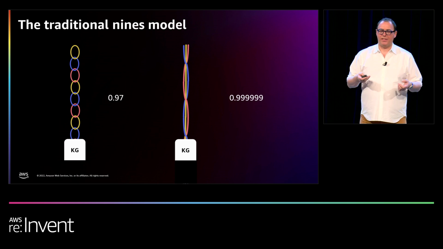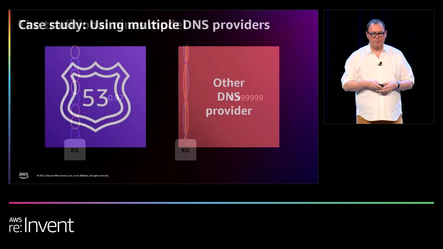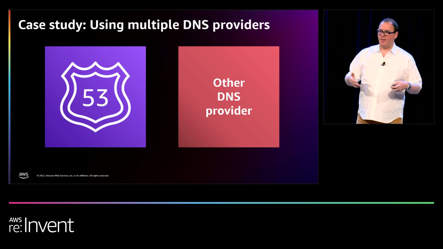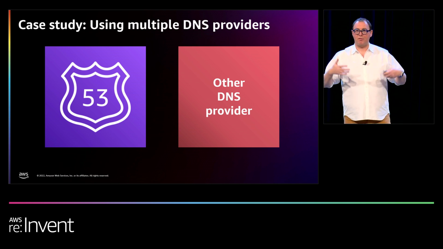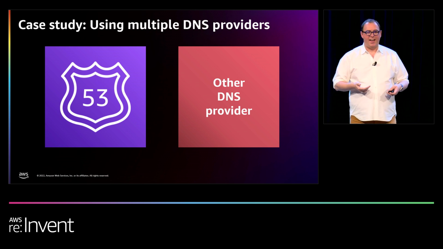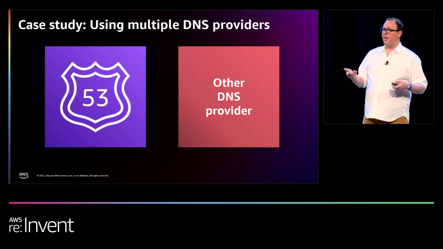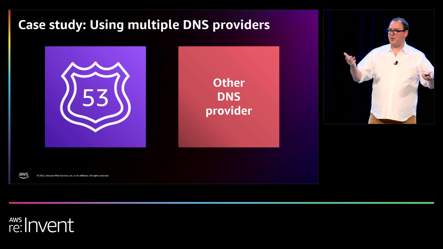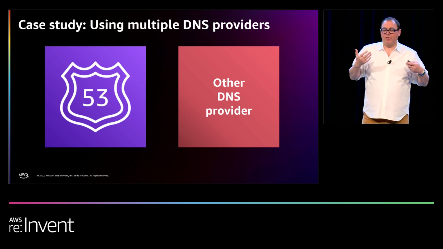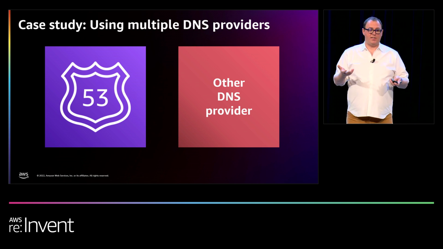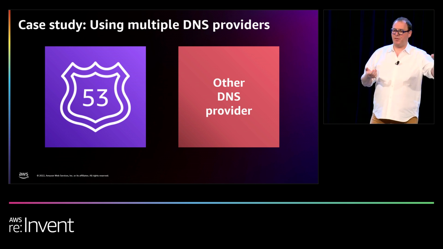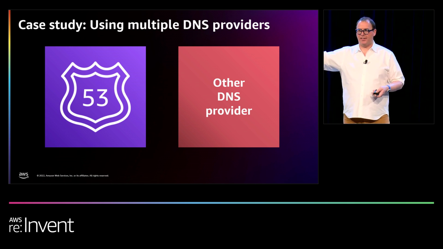A simple example of this, I'll go back to my DNS example. DNS is a relatively simple service. It's been around over 40 years, and its design hasn't changed much in that time. You have a service that answers DNS queries, websites stay online, right? So it's very natural to think, well, I really care that my website stays up, so I'm going to use 2 or more DNS providers. I'm going to put my domain on Route 53 and another DNS provider. Great.